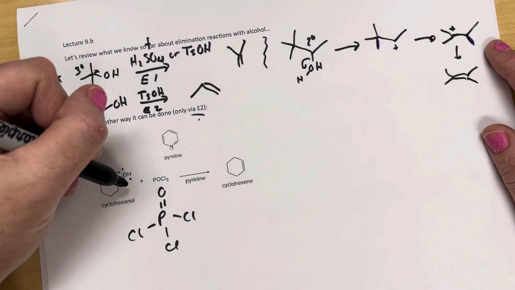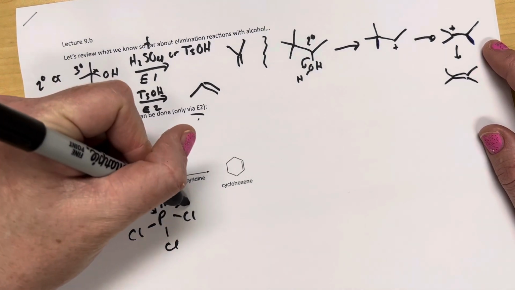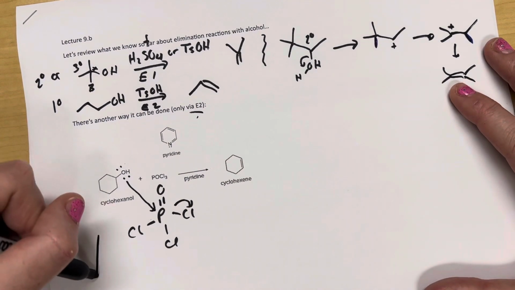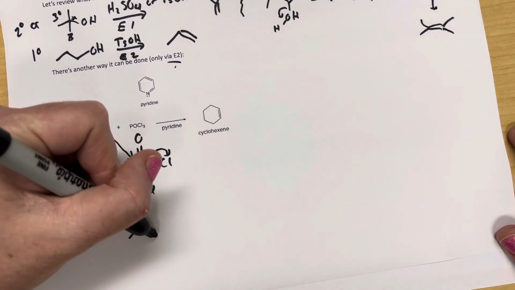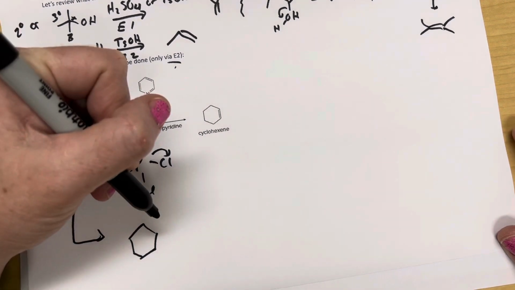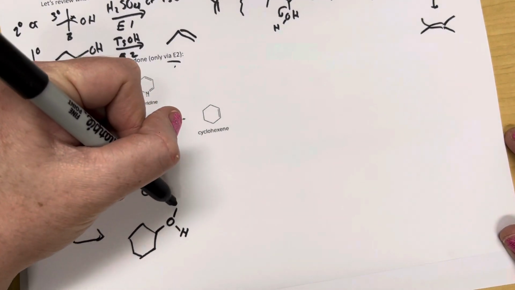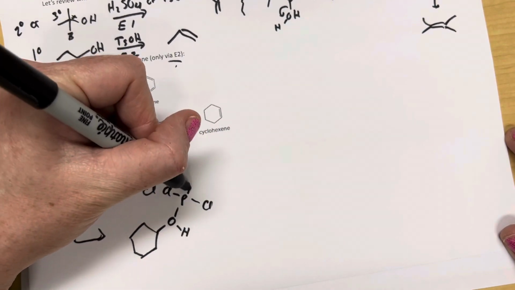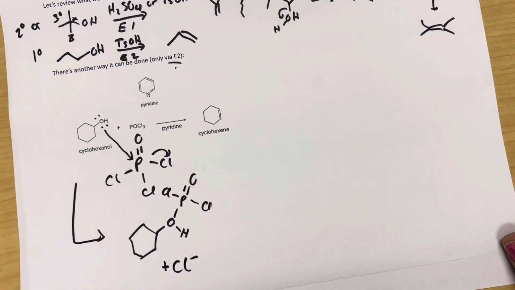So first things first, the alcohol oxygen will actually bond to the phosphorus, and that will cause the Cl- to take off. So our very first reaction, I'll draw down here, is that we now have this alcohol, but it has this huge group on it, plus we have a Cl- just kind of chilling.